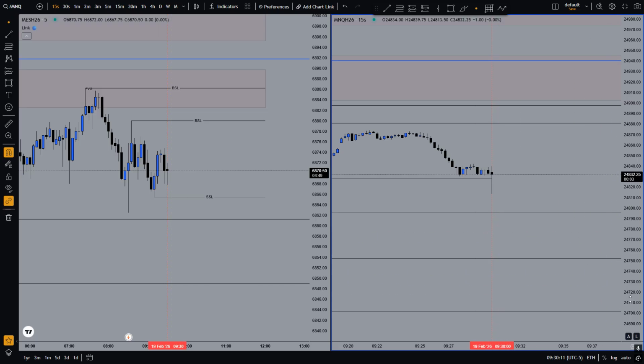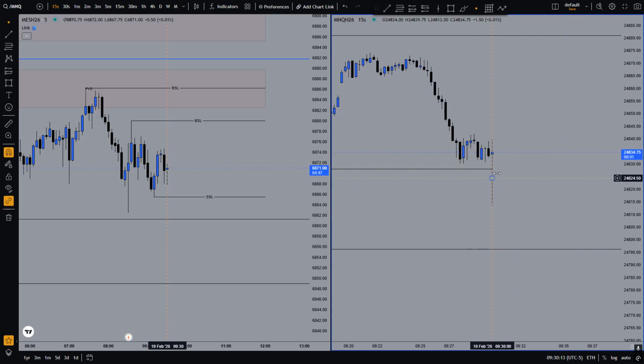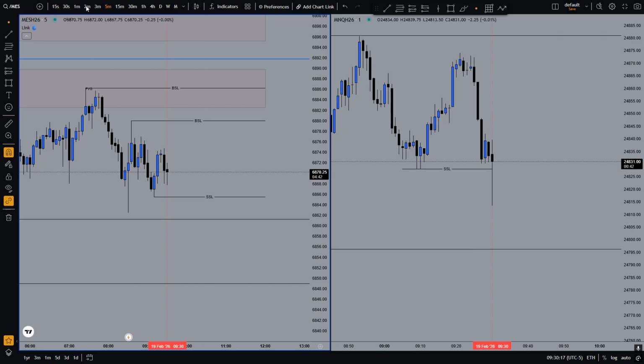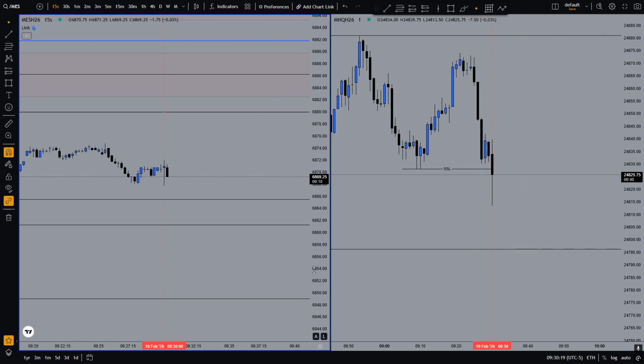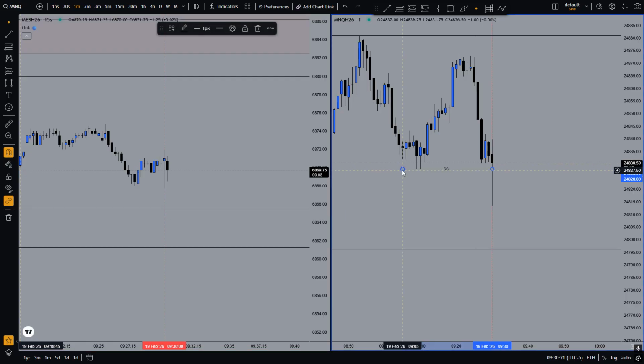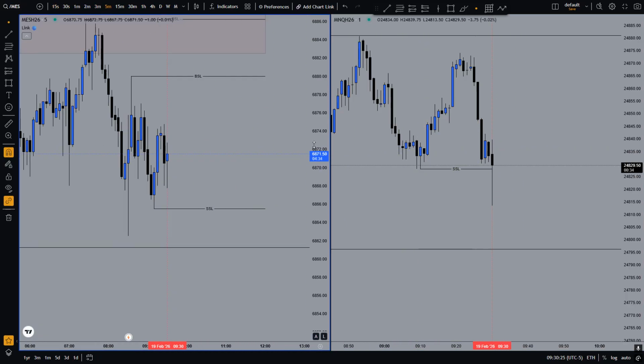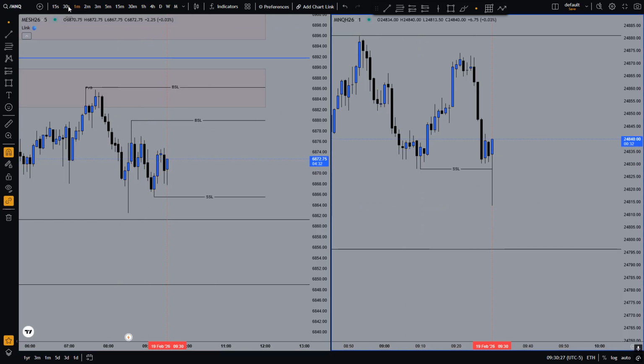I want to see us go lower here so we can form a gap or create some sort of sequence of down closing candles, but see what we do.